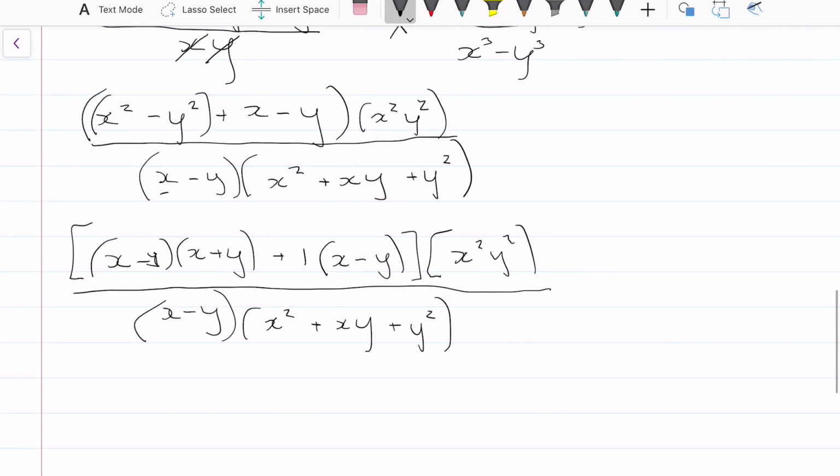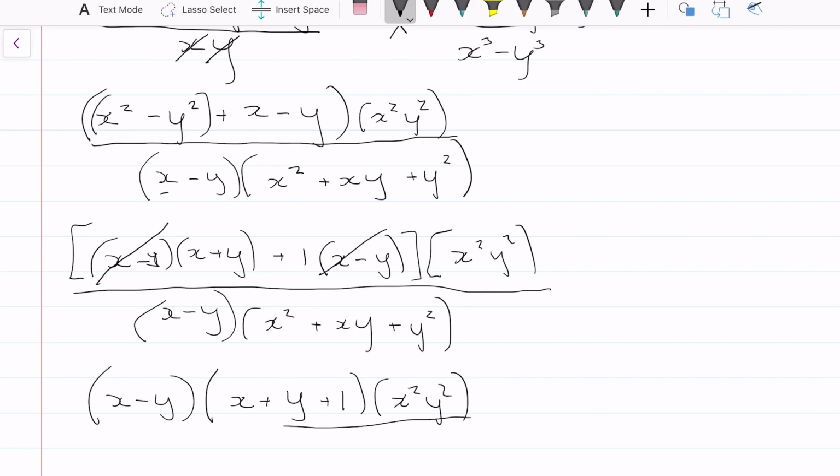Okay, so now what I'm going to do is pull out an x minus y from this top term. So I'm left with x minus y, so that goes away, times x plus y plus 1 times x squared y squared all over x minus y, x squared plus xy plus y squared.